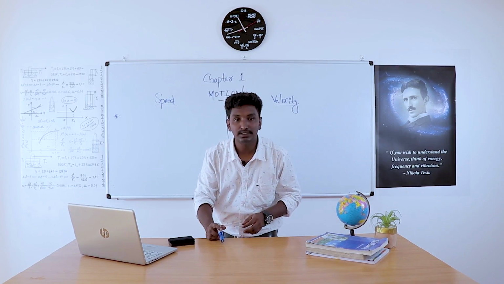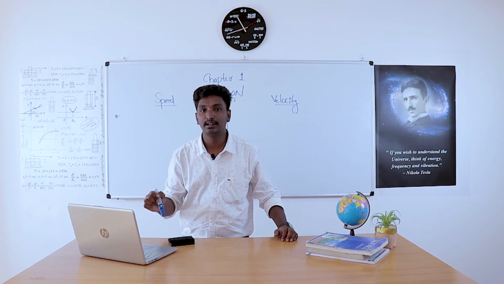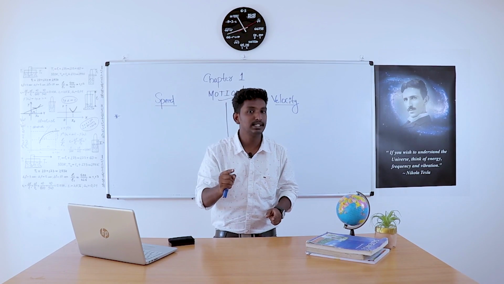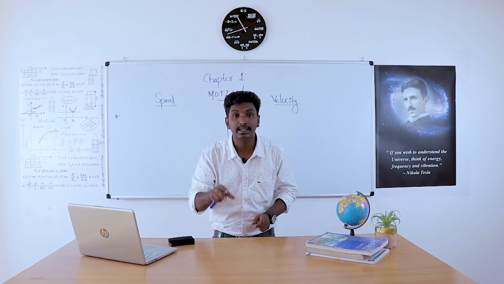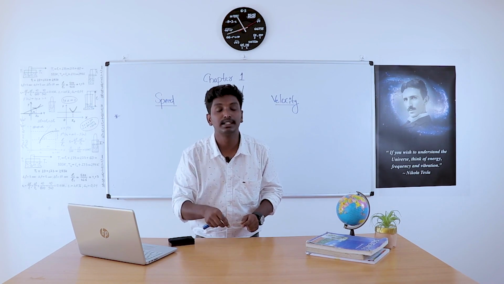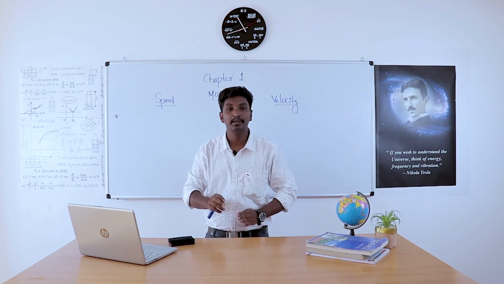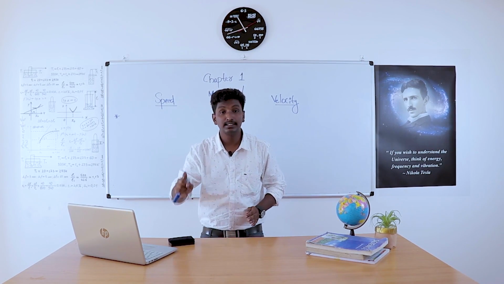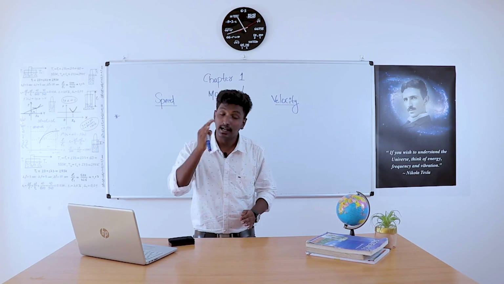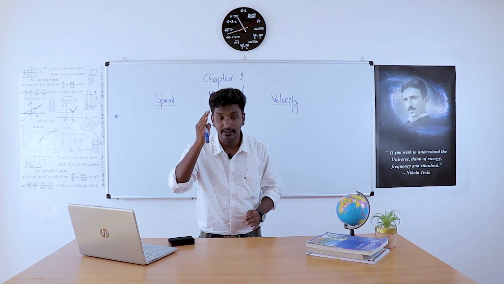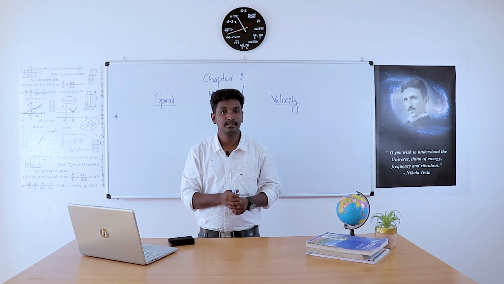If an object traveled 50 kilometers in 1 hour, then the speed of that object is 50 kilometers per hour. 50 kilometers per hour means in 1 hour, the object can travel 50 kilometers. Or 100 kilometers per hour means in 1 hour, the object can travel 100 kilometers.